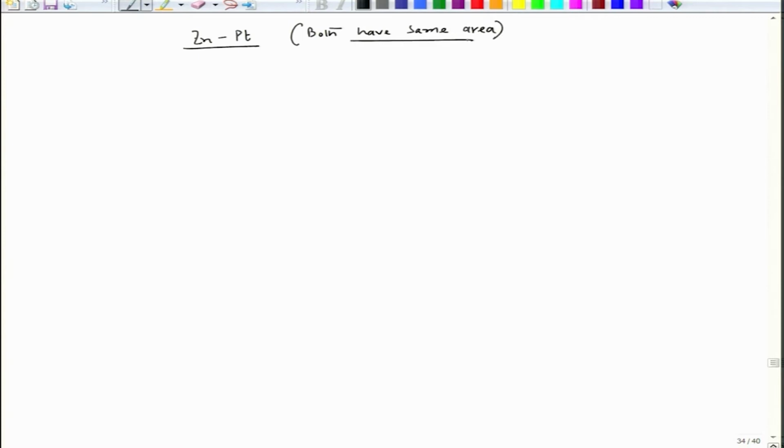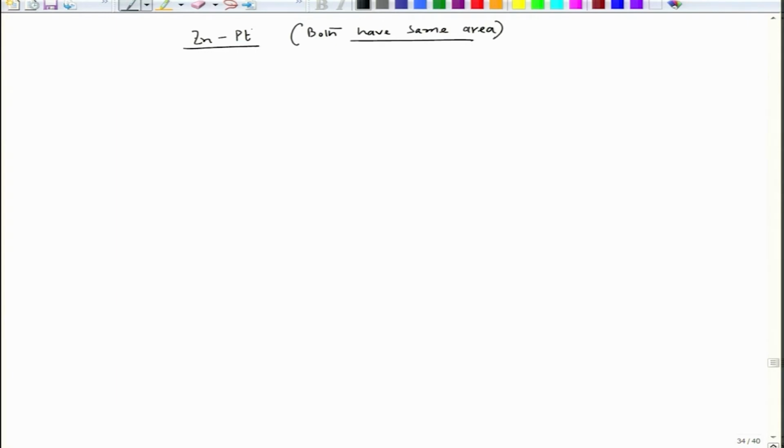We will see later on that if the areas of the individual components of that galvanic couple are different, the corrosion rate of zinc, the active component, will change.